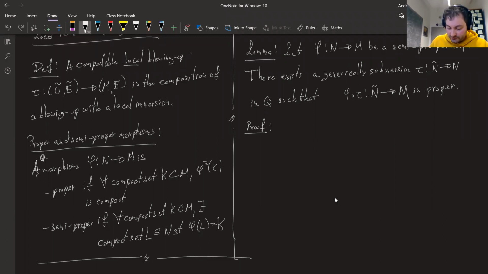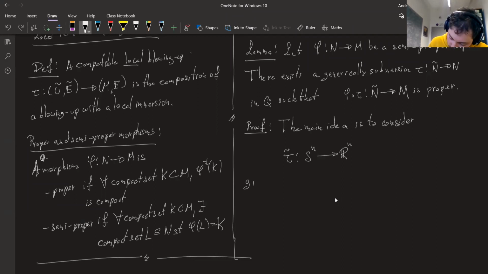So the idea here is that we want to transform. For each one of the Ks, the preimage is going to be compact, and now what we know is that we are going to be able to cover with the set L. And the basic part of the construction, the main idea, is to consider the projection of the sphere, given by tau tilde of (x, t) equals x, where S^n is the sphere given by x1 squared plus ... plus xn squared plus t squared equals 1.